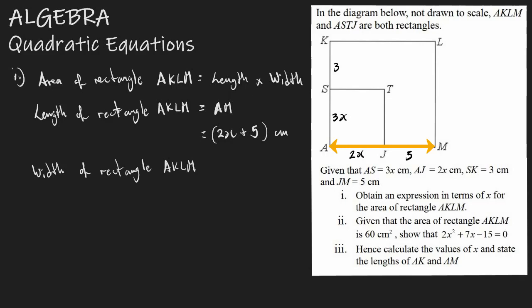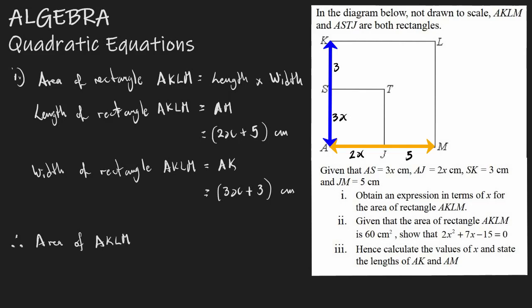The width of rectangle AKLM, we shall assign this side AK, and that is equal to 3x plus 3 centimeters.